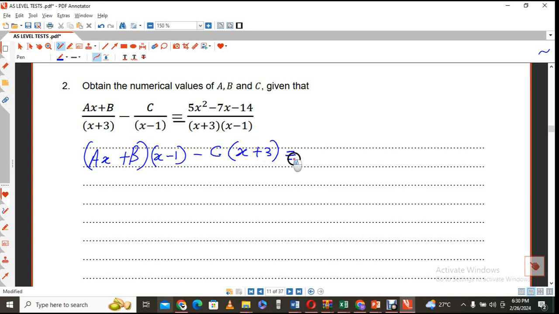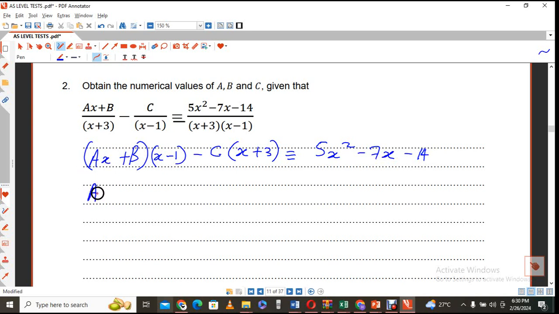Since the denominators are the same, I'm just going to let it equal 5x squared minus 7x minus 14. Okay, good. So let's just clean this up.